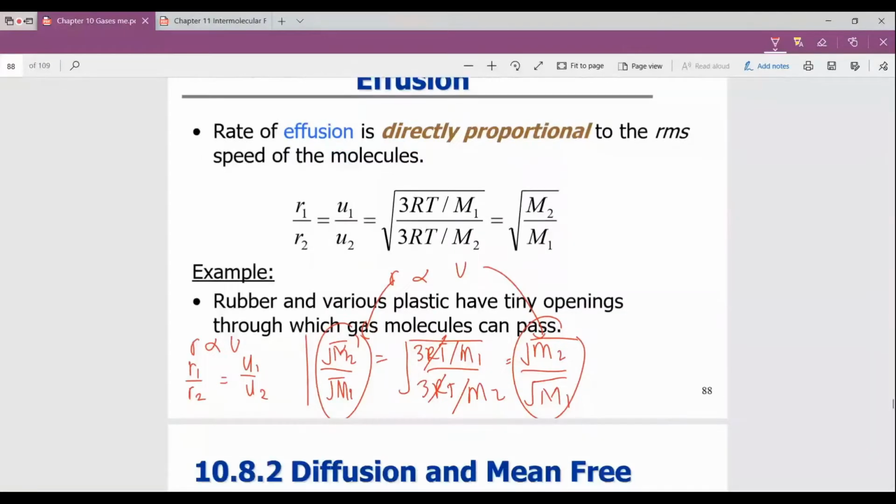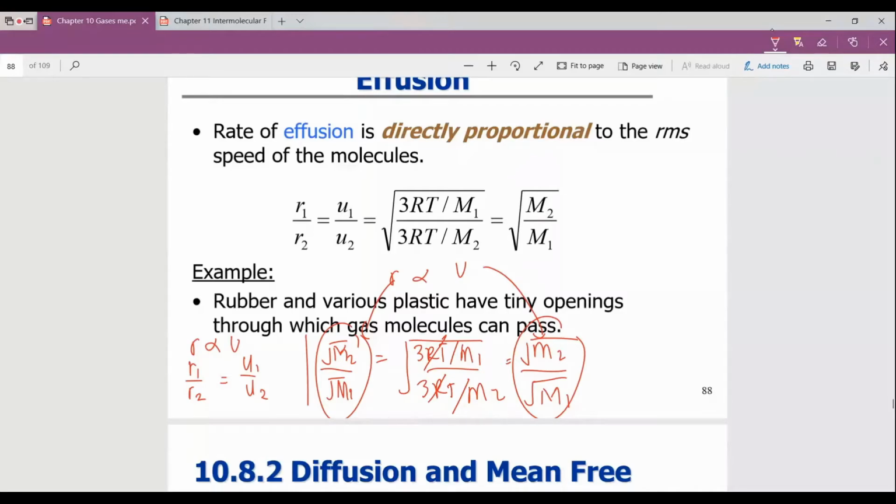Yes, what's r again? R is the rate of effusion. Okay, thank you. And u is the RMS speed.